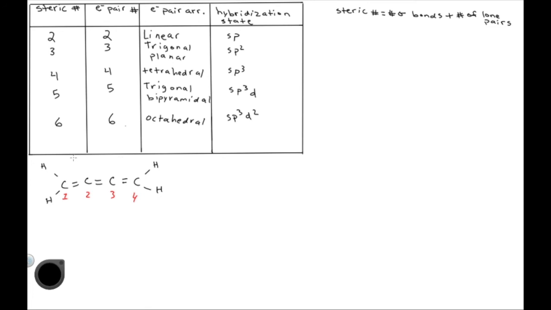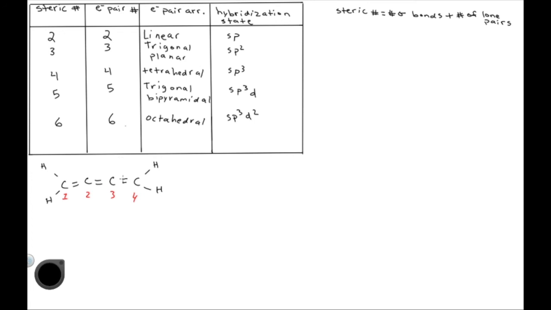For carbon 2, there are 2 double bonds surrounding it. 1 double bond here and 1 double bond here. Since double bonds have 1 sigma bond and 1 pi bond, the steric number is going to be 2 plus 0 equals 2.